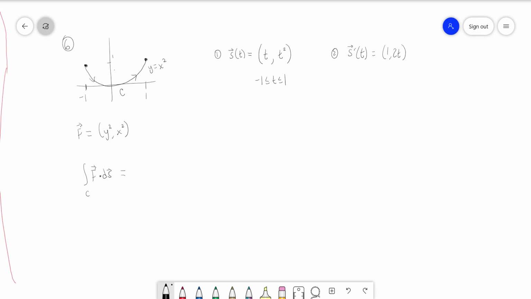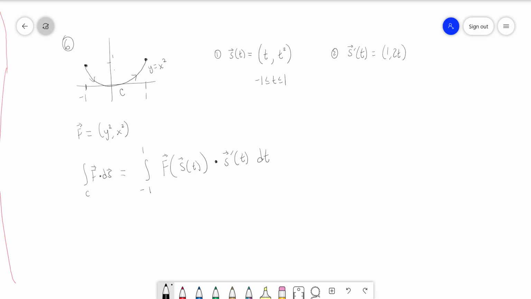Then to evaluate the line integral using our parameterization, we'll set it up as an integral with t ranging from -1 to 1. Remember, we take our vector field and evaluate it along the parameterization, and then take a dot product with the tangent vector from the derivative of our parameterization.